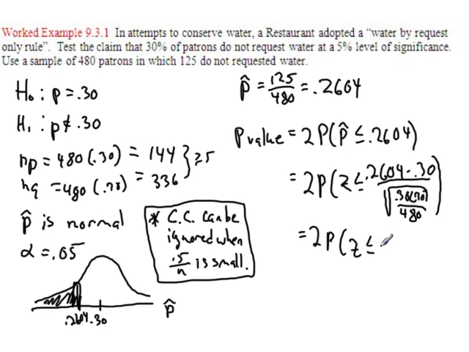And I come up with approximately negative 1.89. So let's look that up on our z table, and then double it, and we'll have our p-value and can make our conclusion.